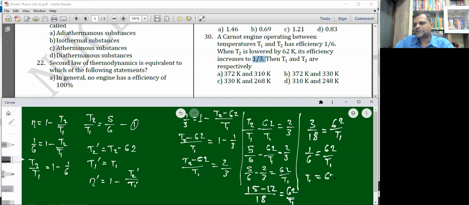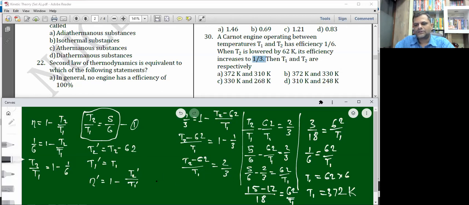be equal to 62 into 6, which is actually going to be 6 2s are 12 and 36 plus 1 37, 372 Kelvin. This is T1 and 372. Yes, and T2 can be found out by the condition relationship between T1 and T2 here.